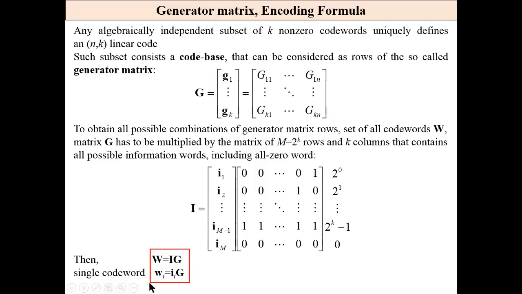So this is a strategy of encoding for the given generator matrix. We multiply this generator matrix by the information word to obtain a code word.